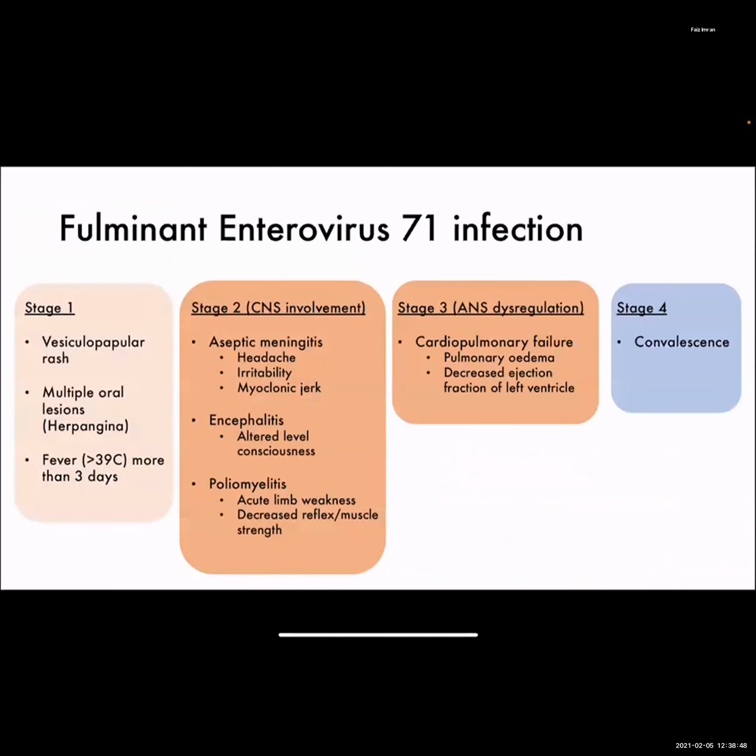Next. I won't go through much of this, but what you need to know is that enterovirus 71 is usually the one that comes with complications. Usually when you have HFMD, you go to stage 1, full stop. It just stops there. But sometimes it can involve the CNS, and when it does, you can have aseptic meningitis, encephalitis, poliomyelitis, all these diseases.